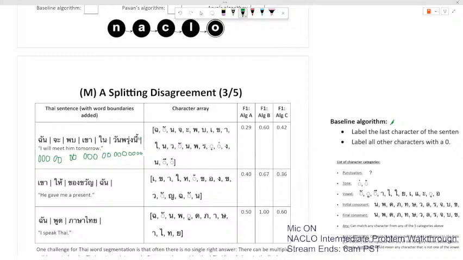This one has a tone indicator, and it has that. I'm assuming it'll go from top to bottom. I don't think it matters.